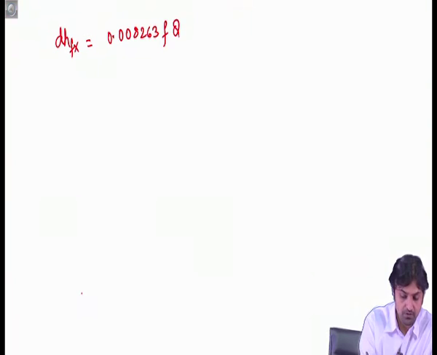forward. So, dhf(x) will be 0.008263 f into Q square into 10 to the power 10 dx divided by 20 minus x to the power 5.